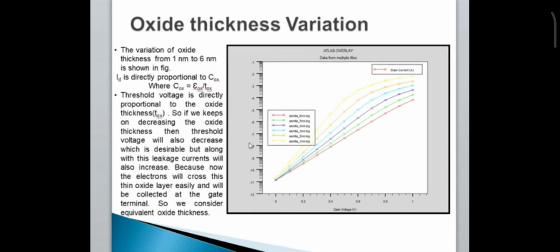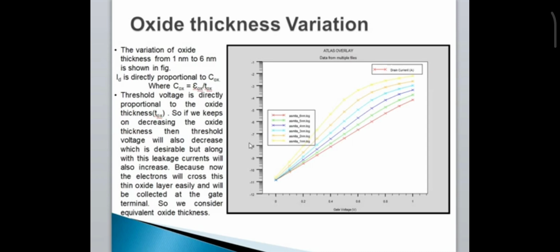This graph shows the impact of variation in oxide thickness on drain current. The variation of oxide thickness from 1 nanometer to 6 nanometer is shown in the figure. The outcome: ID is directly proportional to oxide capacitance COX. COX is defined as the ratio of epsilon OX divided by TOX.